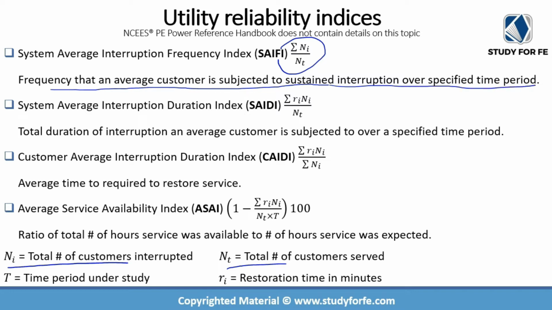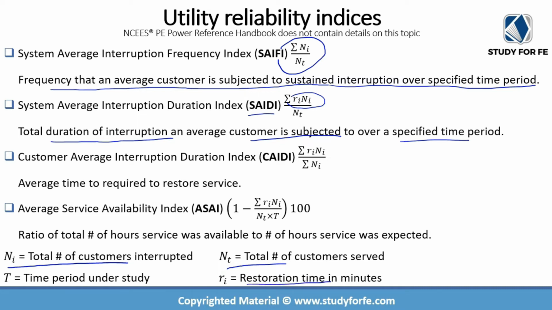After that, we have System Average Interruption Duration Index, SAIDI, and it is the total duration of interruption an average customer is subjected to over a specified period of time. In this case, we basically multiply RI with NI in the numerator, and your RI is the restoration time in minutes.